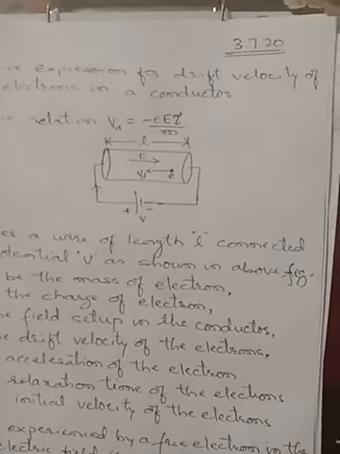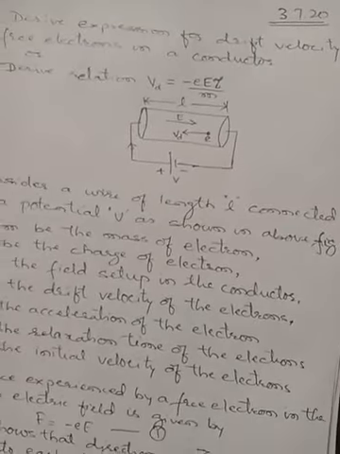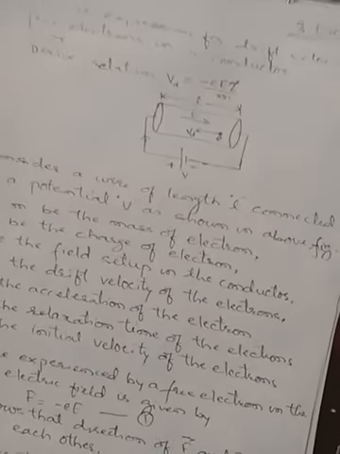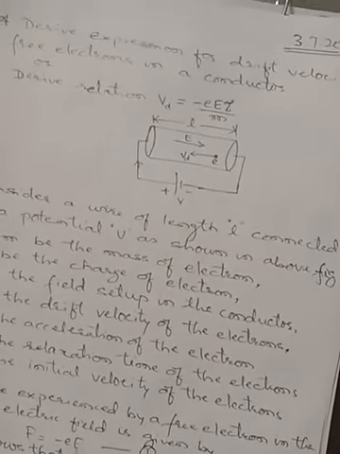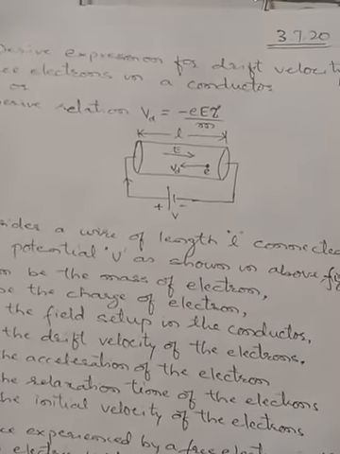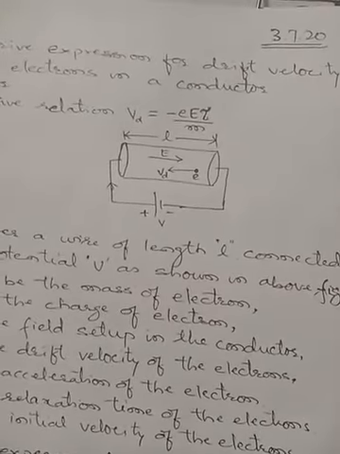If electric field is more, drift velocity will be more. If electric field is less, drift velocity will be less. One more thing we have to understand, that this drift velocity is inversely proportional to the mass of the electron.